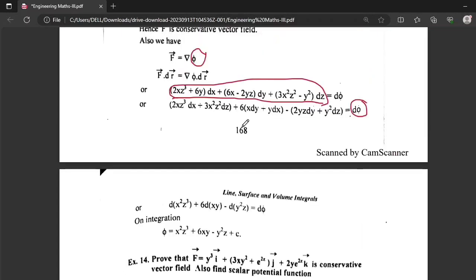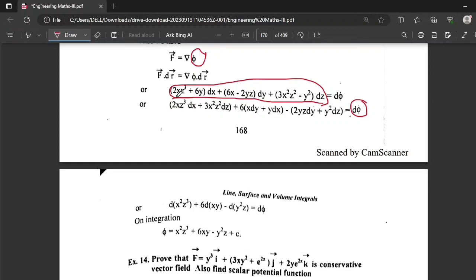Now solving this we get this, and we need to arrange it into a form which can be easily converted into exact form.